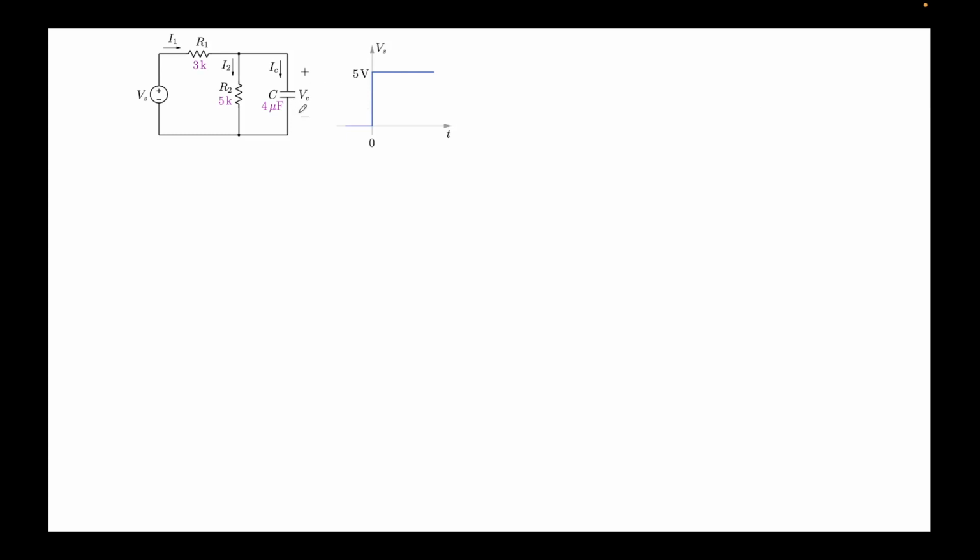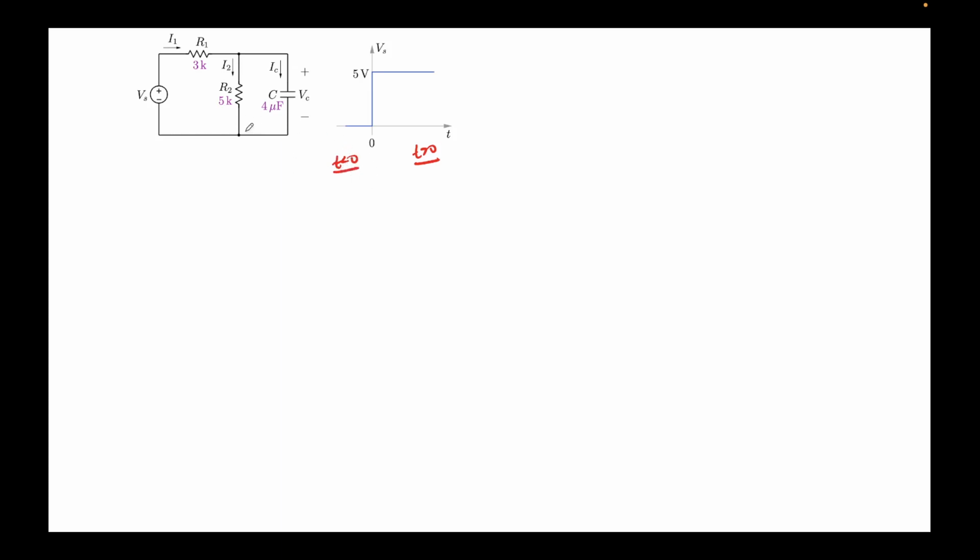Now how do we do that? Please note that time t greater than 0 is the time that we are interested in, and this is time t less than 0. So we're not interested in time t less than 0. However, we can also draw a circuit for the sake of completion. I'll break this problem in two parts. So I'll now draw the circuit for t less than 0.